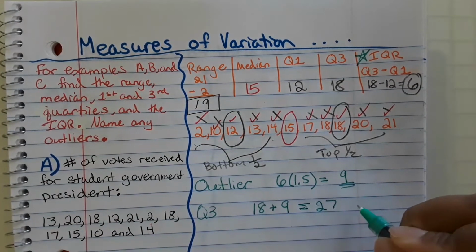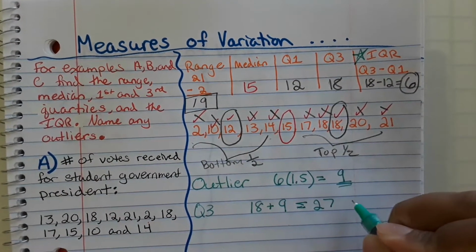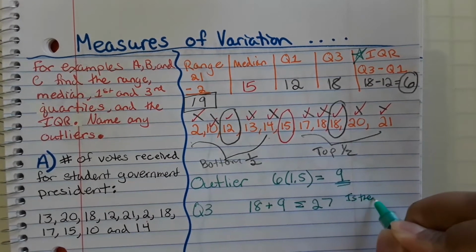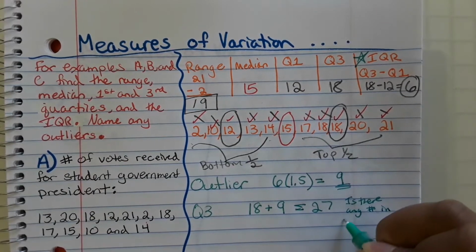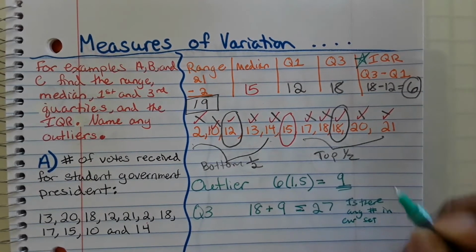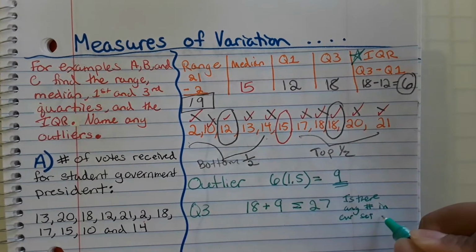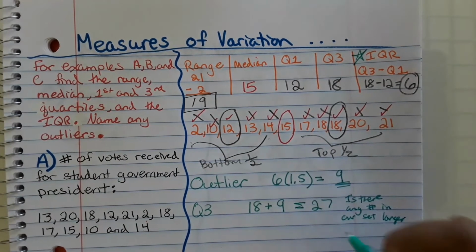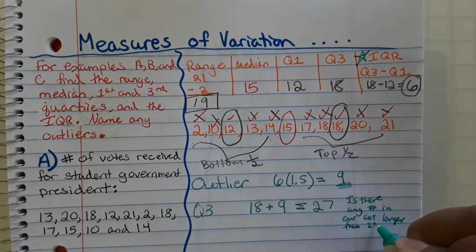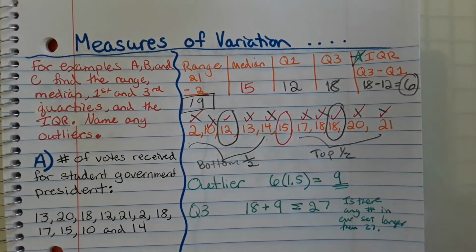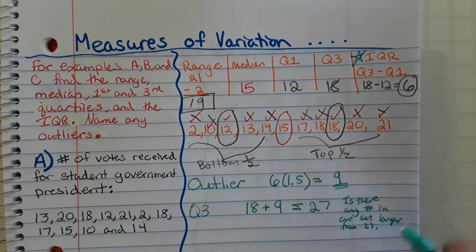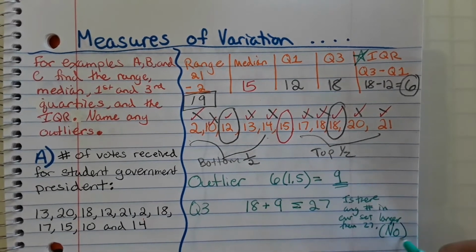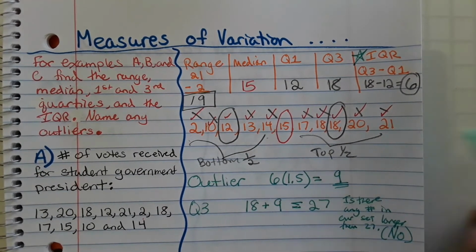So is there any number in our set that is larger than 27? If there is, then that would be our outlier. So we look at our numbers, and nope, the answer is no. So we don't have an outlier on this end.